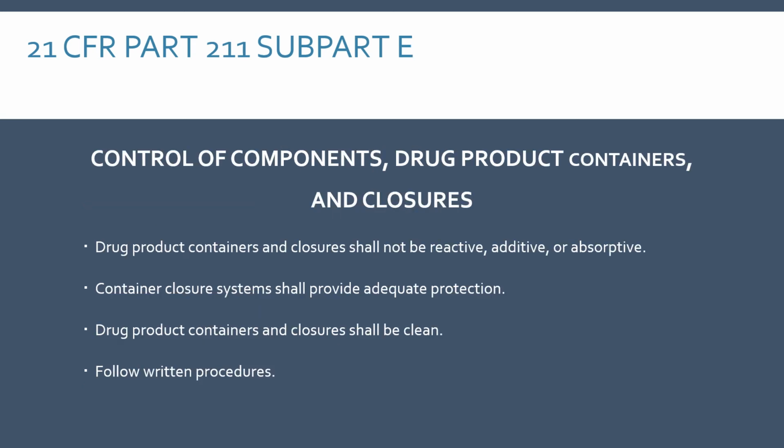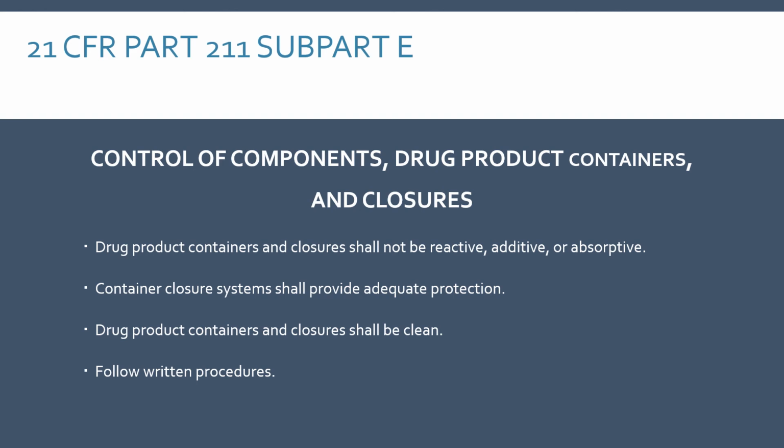The Subpart E covers control of components, drug product containers, and closures. Basically, drug product containers and closures shall not be reactive, additive, or absorptive. That's what we talked about, making sure that the containers don't bleed into the product or the product doesn't absorb anything from that material.